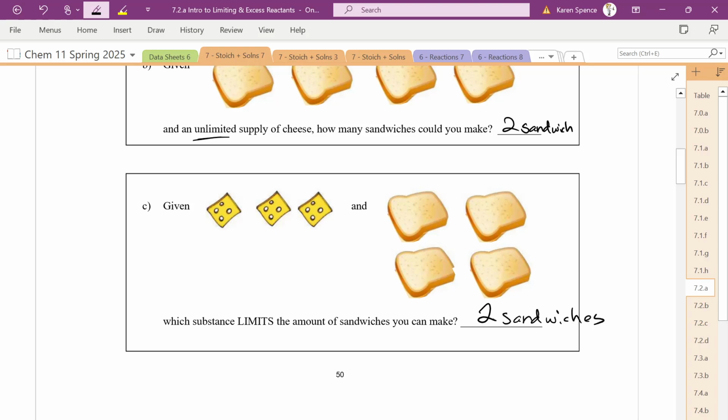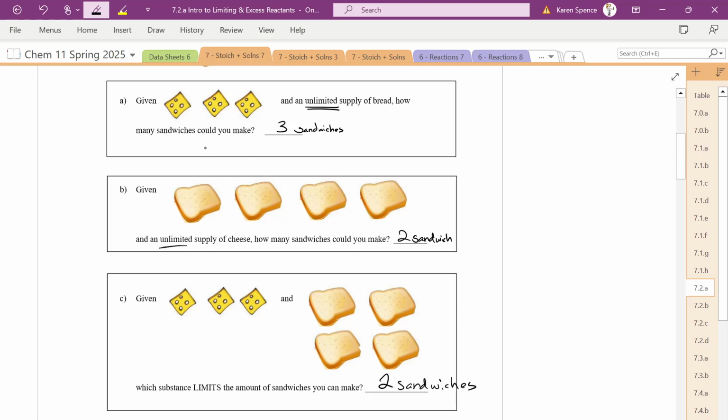So what you're going to be doing in these problems is finding out how much product can you make from reactant A, and how much product can you make from reactant B. So you're basically going to be doing stoichiometry twice.